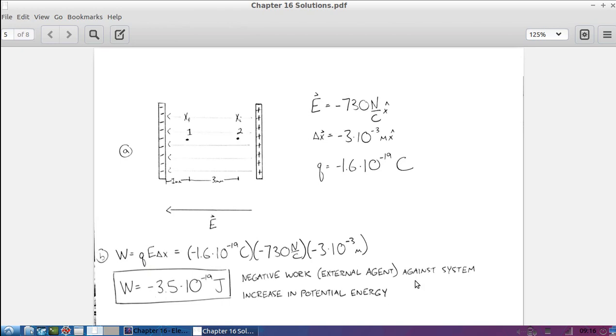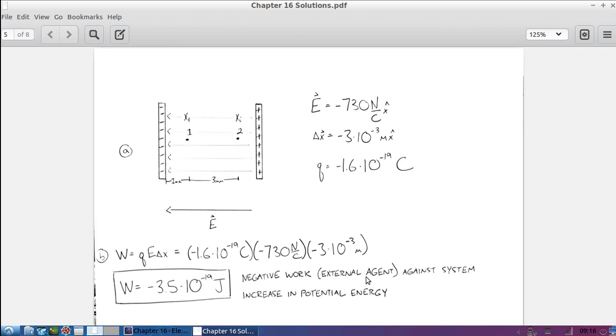The moral of the story is that the potential energy of this particle is actually increasing. It's very similar to an external agent lifting an object above the Earth's surface. There's positive work being done by some external agent, but negative work being done by the system. My notes could be a little clearer on that.